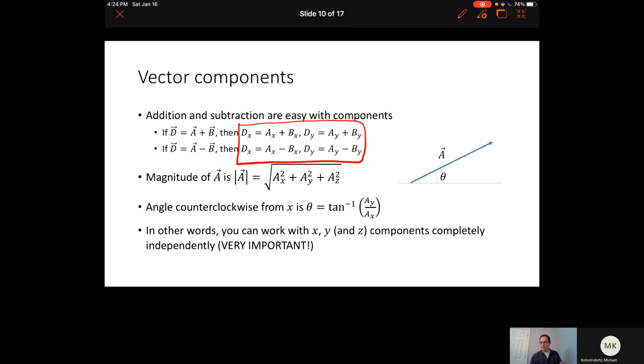That will be really nice because, for example, if I throw my pen and watch it fall, the x motion and the y motion will be completely separate. They will not talk to each other at all, and that's going to make the problem much, much easier to solve. So keep in mind that for a lot of problems, you're going to be able to work with each individual component separately. All right, so vector components make life a lot easier. Always write things in components.